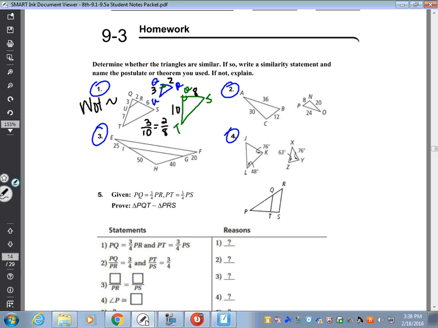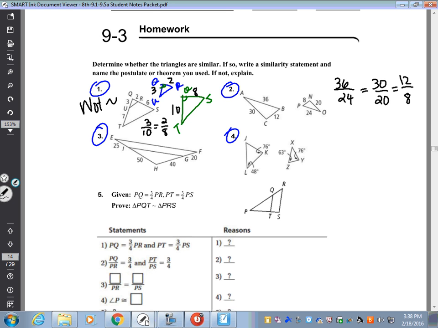All right, what about number 2? I think y'all have these typed down. What are we going to have to do on number 2? Yeah, we're going to try side, side, side. So this 36 is going to have to go with who? 24, because that's the biggest side. So 24 is the biggest side on the other one. All right, 30 is going to have to go with 20. And then my 12 will go with 8, right?